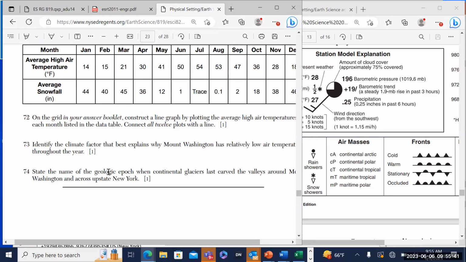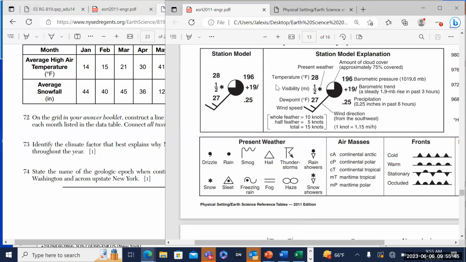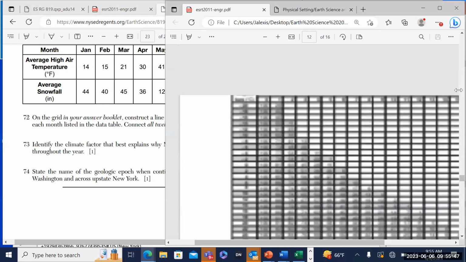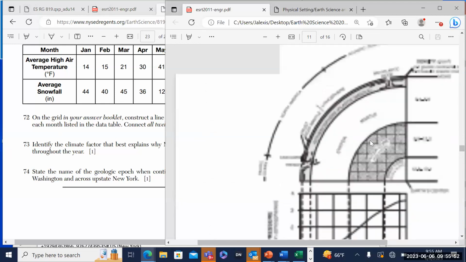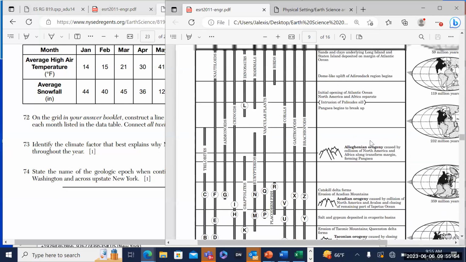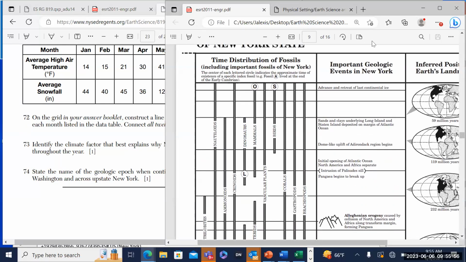So geologic epoch is on what page of the reference table we're going to be using? We're going to be using pages 8 and 9. All right, so we're going to look for pages 8 and 9.